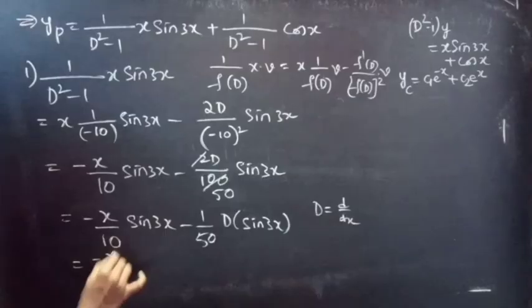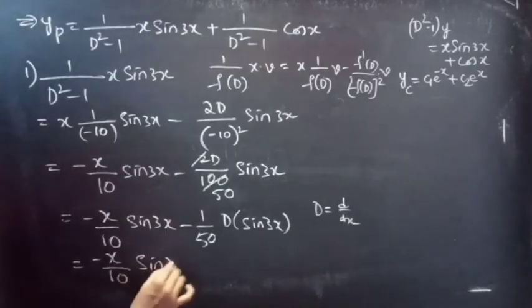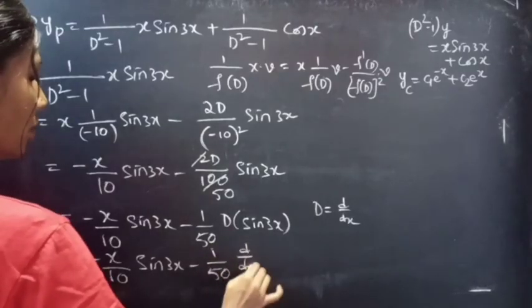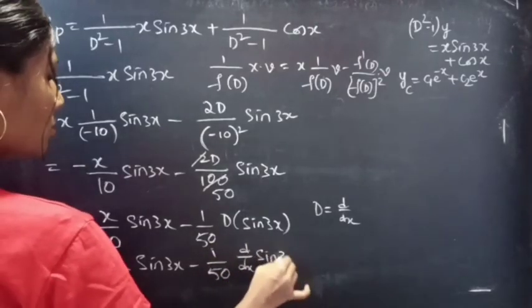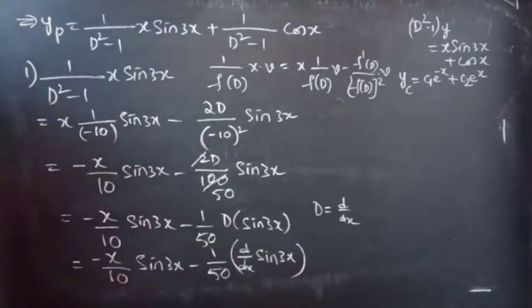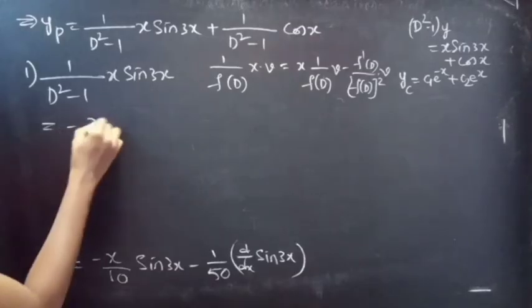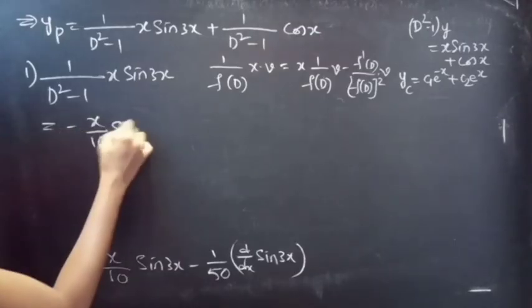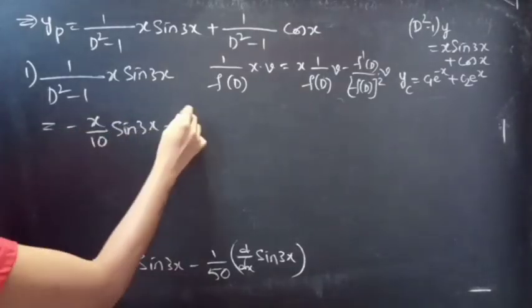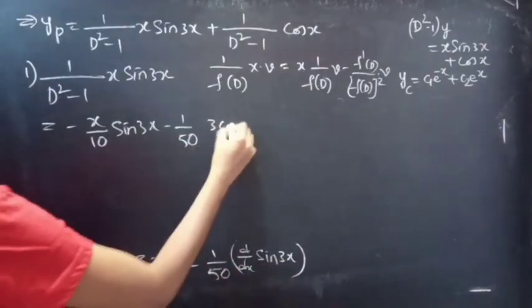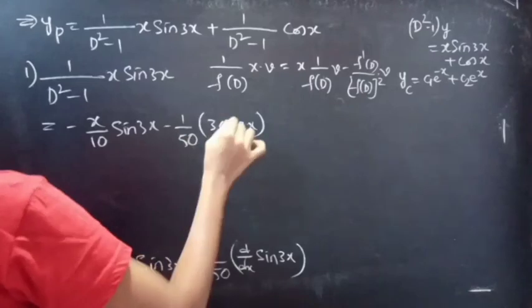This becomes minus x by 10 sine 3x minus 1 by 50 into d by dx of sine 3x. The derivative of sine 3x is 3 cos 3x.